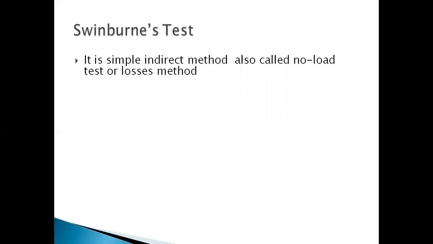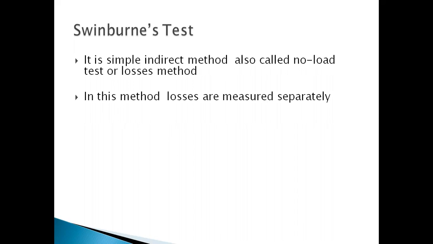We will not put any load on the motor, and we will find the losses during this Swinburne test. This method is an indirect method of testing a DC machine.